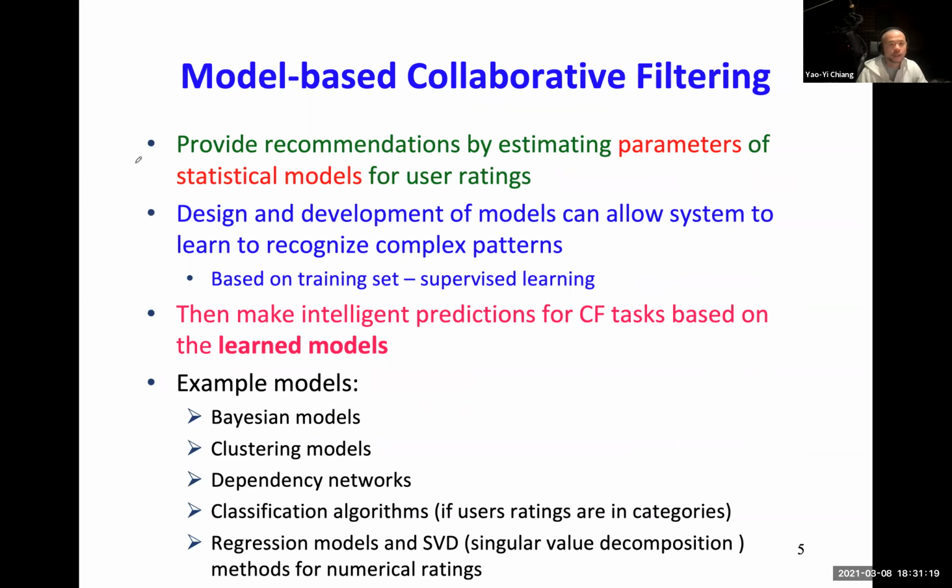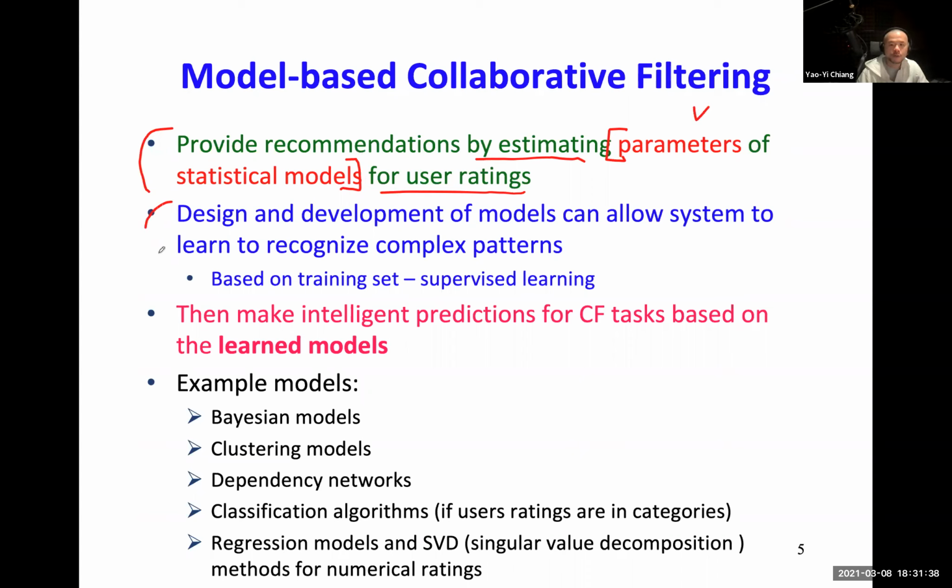So in model-based collaborative filtering, we want to be able to provide recommendations by estimating some parameters of statistical models for user ratings. This is very vague, but you're going to see some examples.